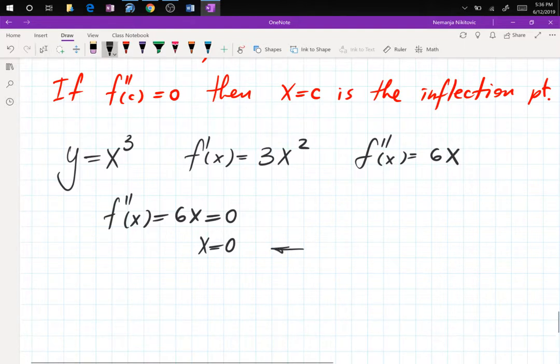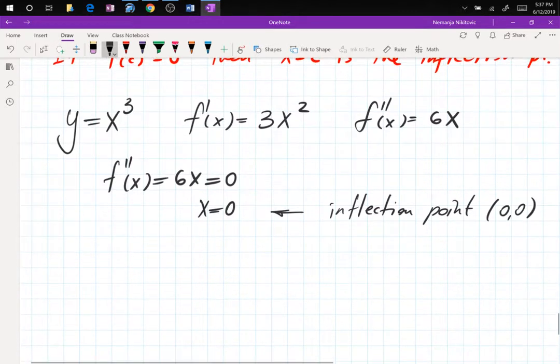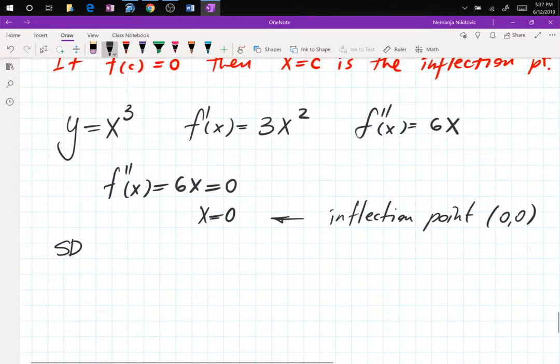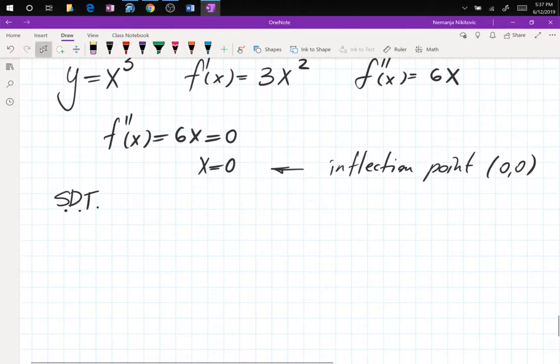It's the x-coordinate of the inflection point. So inflection point at (0, 0), right? When you plug in 0 in the original problem, you get 0 for y. Second derivative test, I told you, same deal as first derivative test. You partition, pick the test points, and now you test in the second derivative.